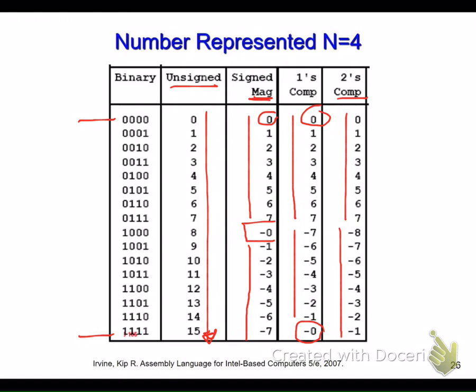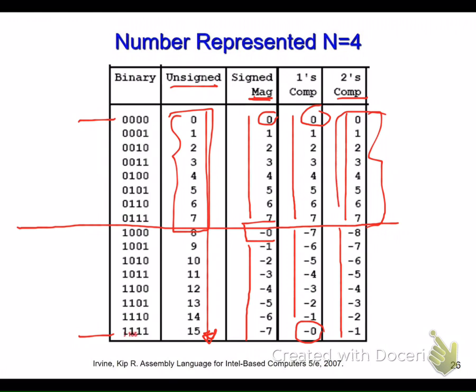You can think of this that way: with the 2's complement, for the positive numbers, it's exactly the same as the unsigned. This and this are exactly the same. Correct? After that, with the 2's complement, I will count the most significant bit as minus 8.